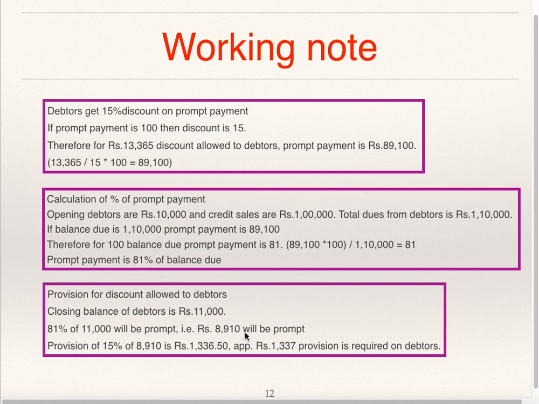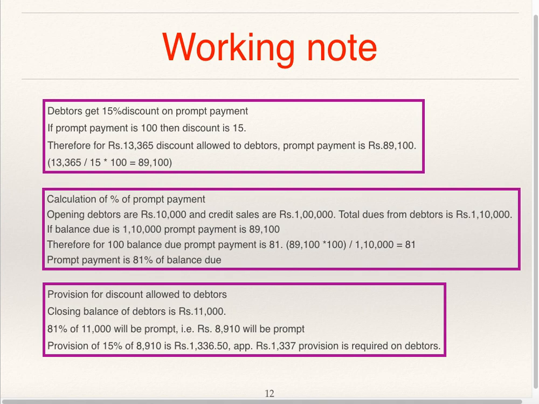You are supposed to make provision for this: 15% of 8,910, that is 1,336.50, approximately 1,337, provision is required on debtors. These two working notes are very important. Provision required on debtors is 1,337 and loss by fire shortage is 3,000, whose cost price is 2,500.